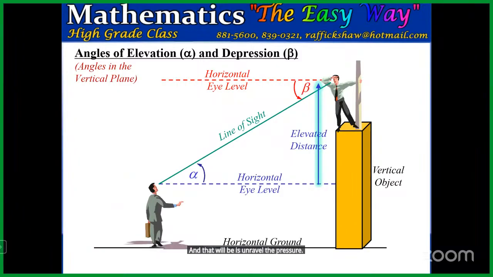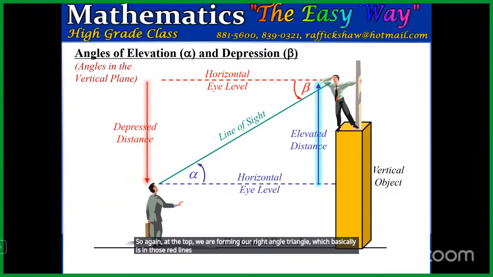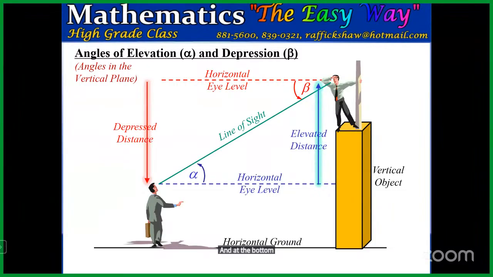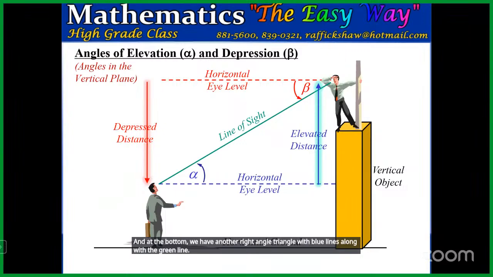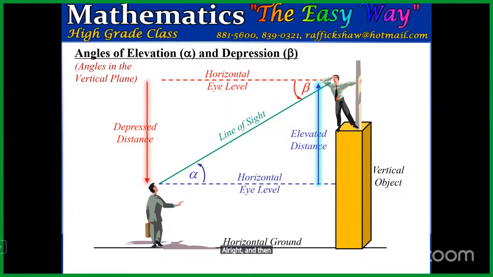He will also have to depress his eye level to a certain distance, and that distance is over there. So again, at the top, we are forming a right angle triangle, which basically is those red lines along with the green line. And at the bottom, we have another right angle triangle, the blue lines along with the green line. All right. And then there are certain properties that we must appreciate.